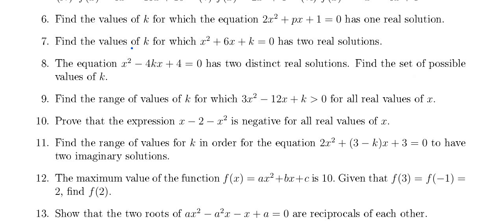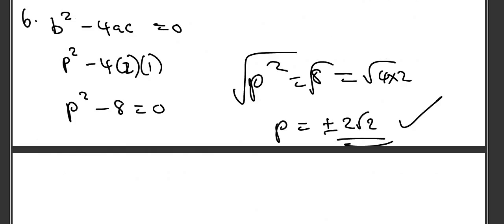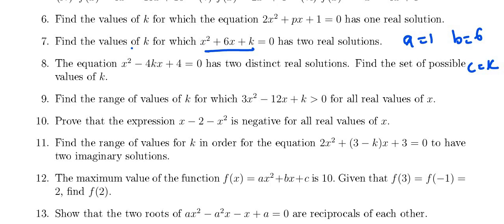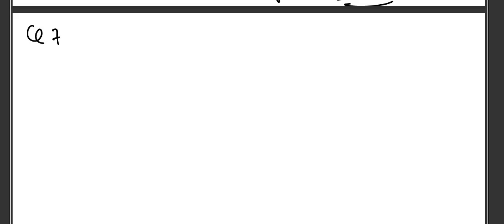The same applies for number 7. They're saying find the values of k for which this has 2 real solutions. Your a is 1, your b is 6, your c is k. So for question number 7, b squared minus 4ac is greater than 0.